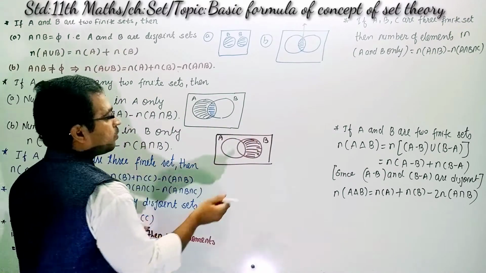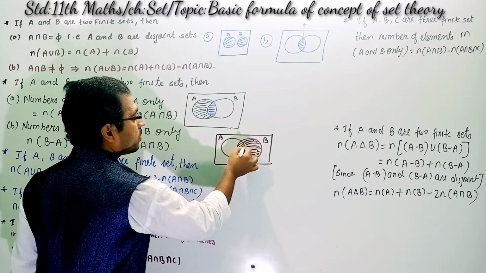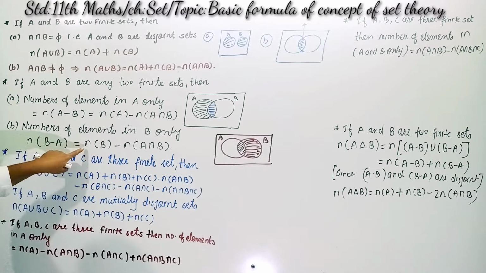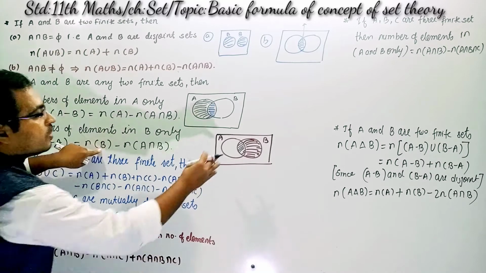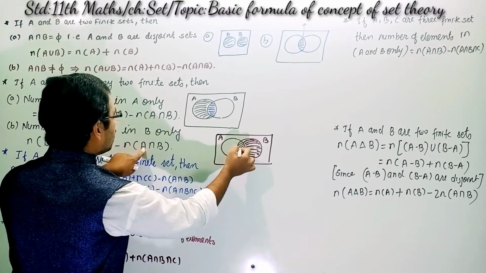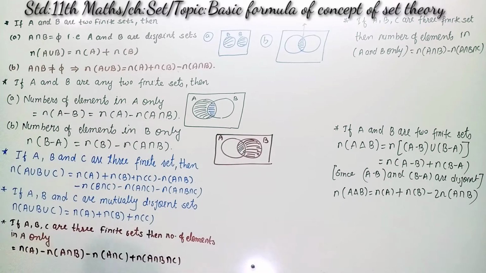So you will remove the elements of this part. So you can write: the number of elements of B minus A is equal to the number of elements of B minus the number of elements of this black region.